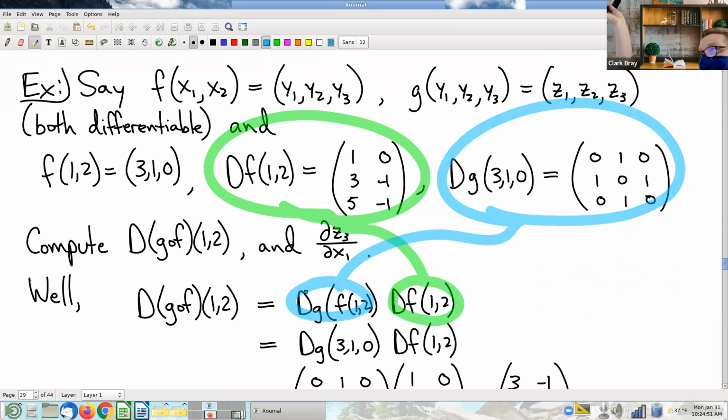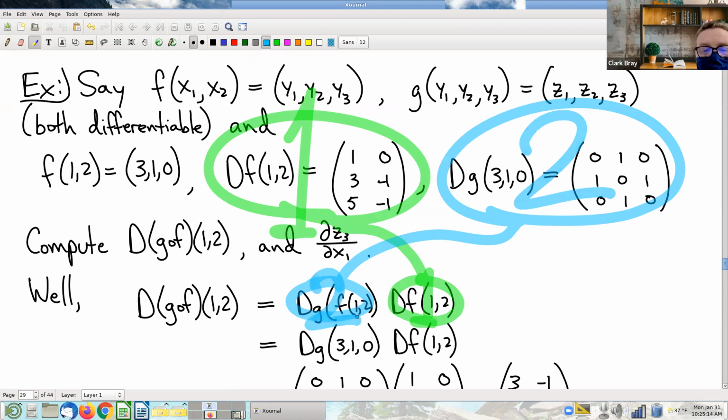Now, why? Well, it's all about which one acts first. When we write functions, we tend to think of them as left to right, but when we multiply matrices, they act right to left. It's weird, but this is first, as is that, and this is second, as is that.